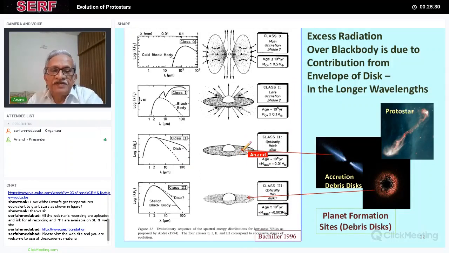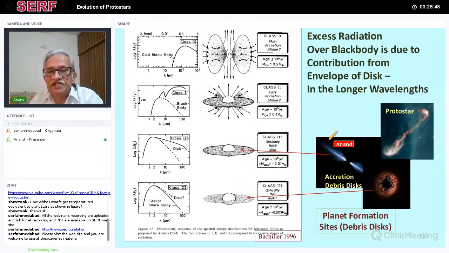Now, during this stage, class 2 and class 1, these are called debris disks in the parlance of the astronomers. And planets have to form from the material that is going around this star at this stage, class 2 and class 1.